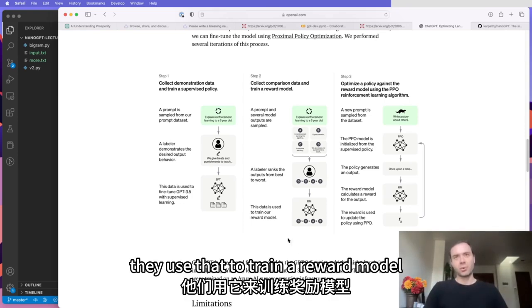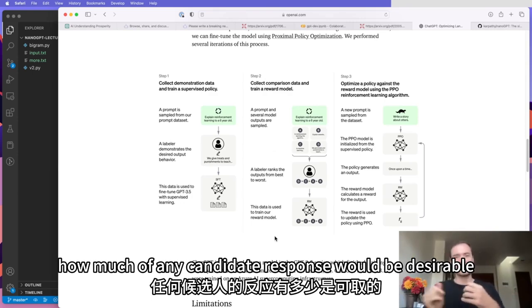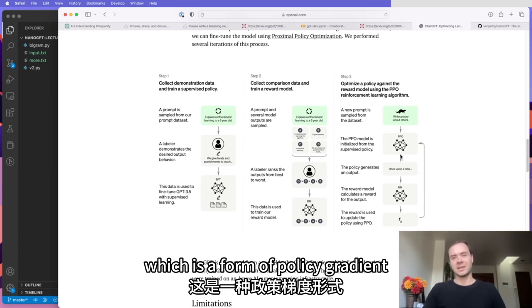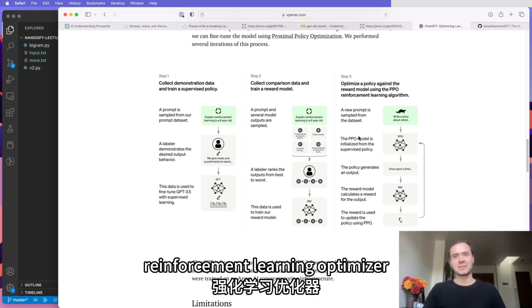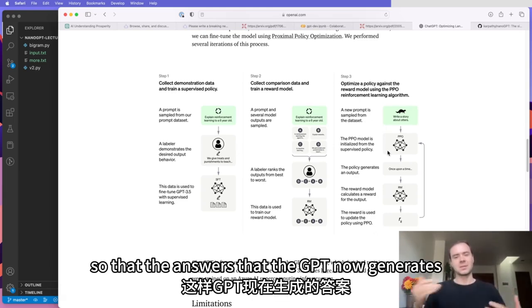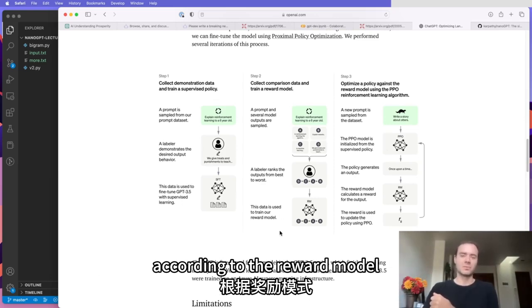They use that to train a reward model, so they can predict, basically using a different network, how desirable any candidate response would be. And then once they have a reward model, they run PPO, which is a form of policy gradient reinforcement learning optimizer, to fine-tune this sampling policy so that the answers that ChatGPT now generates are expected to score a high reward according to the reward model.